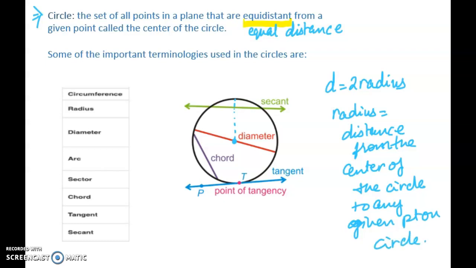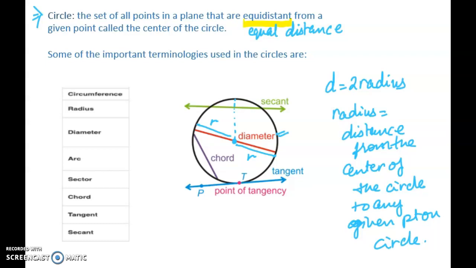Right? So that is the radius. If I extend a line from the center to the circle, that is a radius. And that is extended on the other side as well. That is a radius. And radius plus radius is nothing but the diameter that we are talking about.